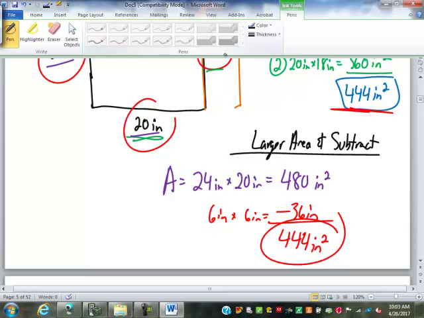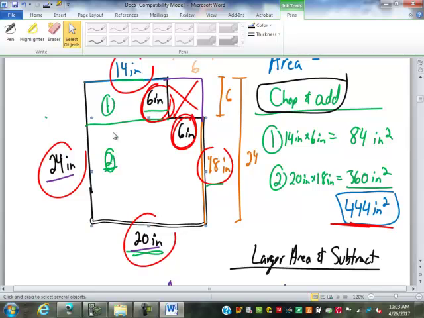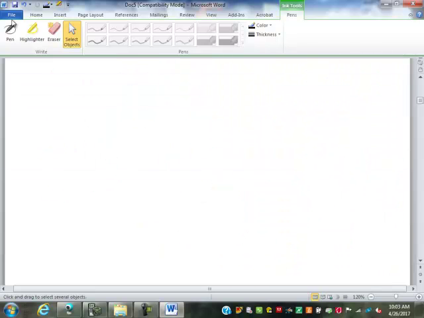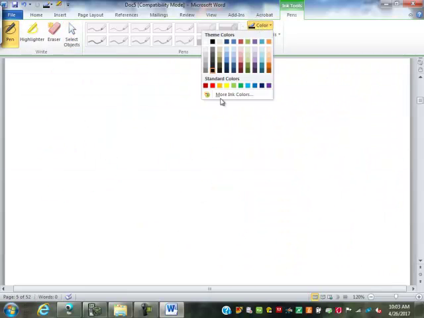So this problem here is almost exactly the same amount of effort to do it either way. But we're going to run into problems that have to be done one way or another. For example, let me alter this problem just a little bit.